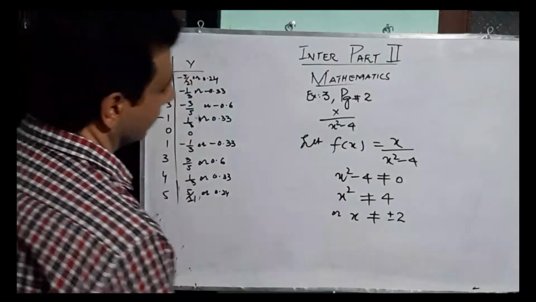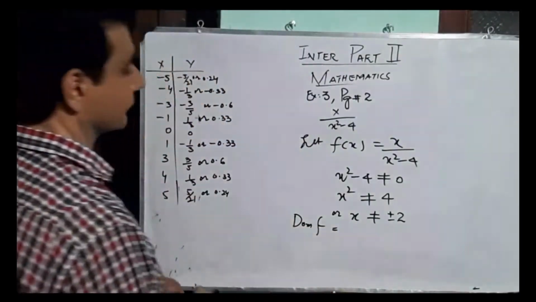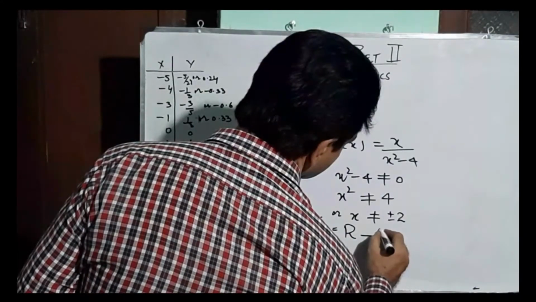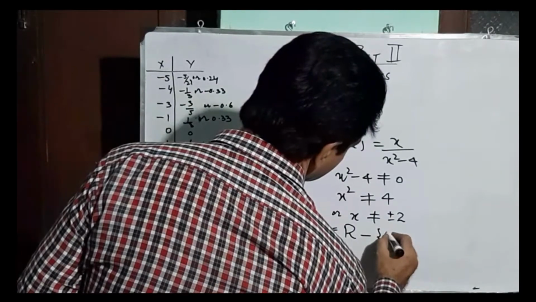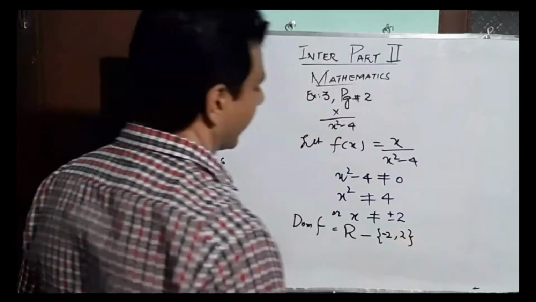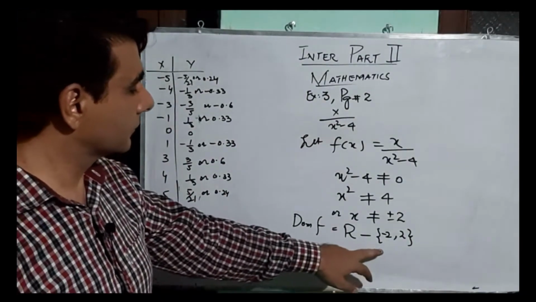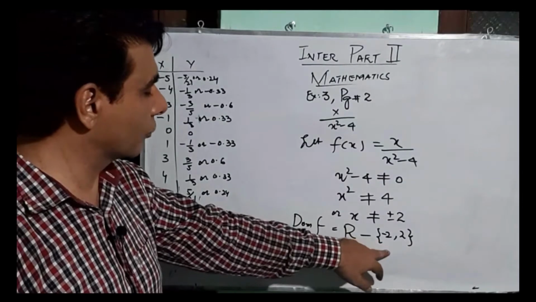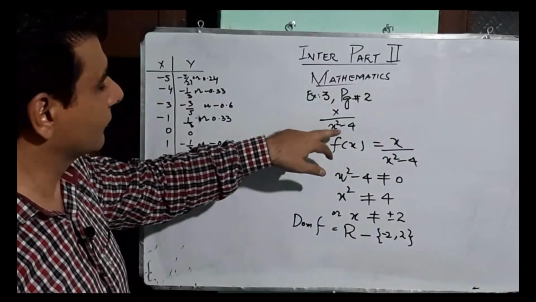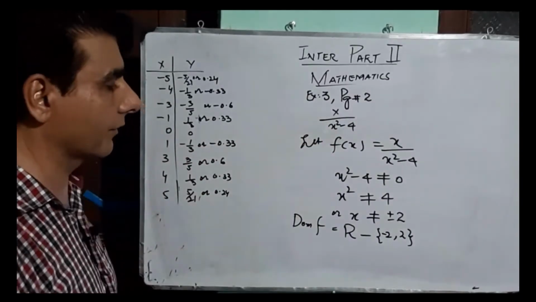The domain will be all real numbers excluding minus 2 and 2, because we have to exclude these numbers. When we put them in the denominator, it becomes 0 and the function becomes infinity and undefined.